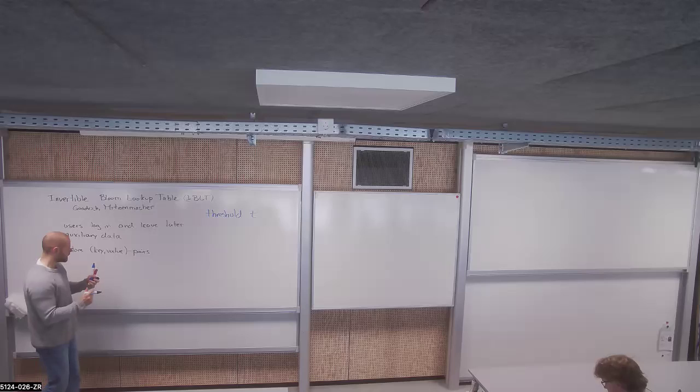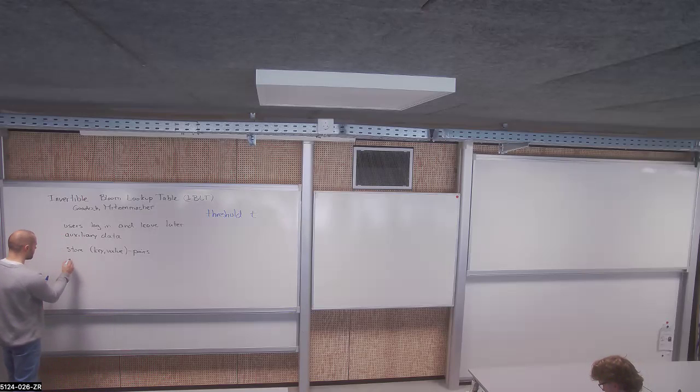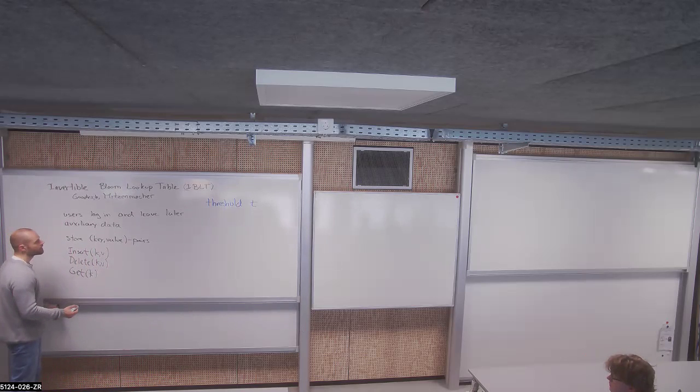So basically we have a couple of operations. We have an insert, taking a key K and a value V. We have a delete of a key and value. Then we have a get operation, which takes the key and returns the associated value.